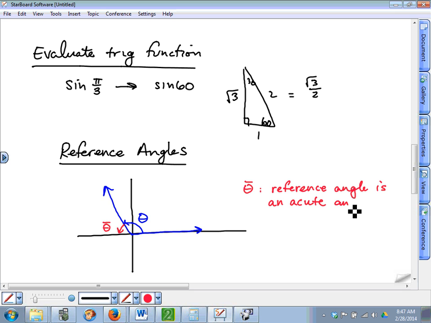An acute angle from the terminal side of the original angle theta to the x-axis, and I would underline the x-axis. Reference angles are never ever in relation to a y-axis, always in relation to an x-axis. Reference angles are always positive, and they're always less than 90 degrees.